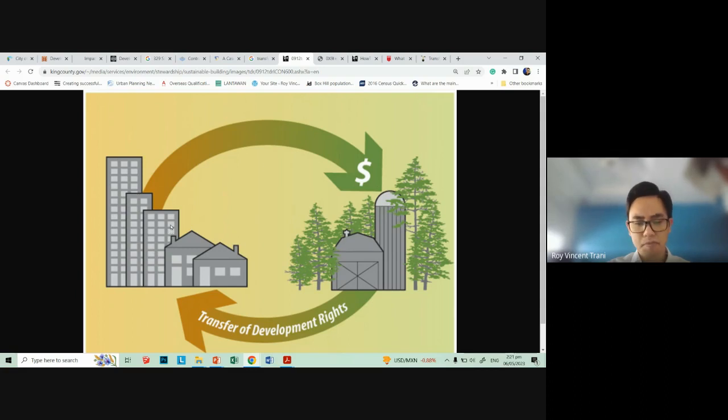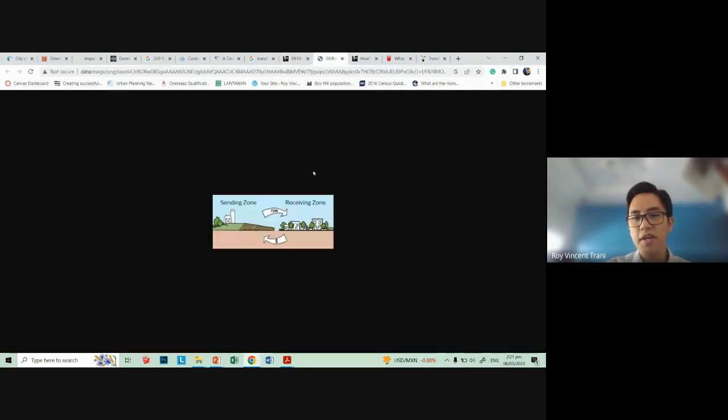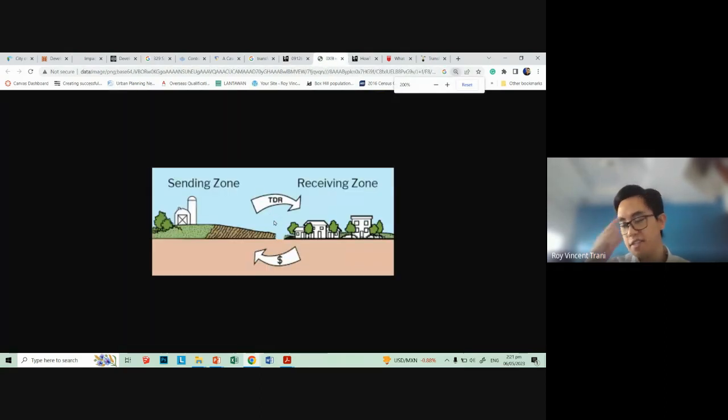So basically, wherever they send the development rights to, the receiver needs to pay a certain amount to the sender. So that's basically what TDR is.